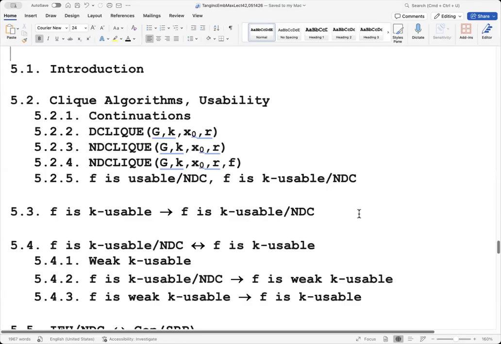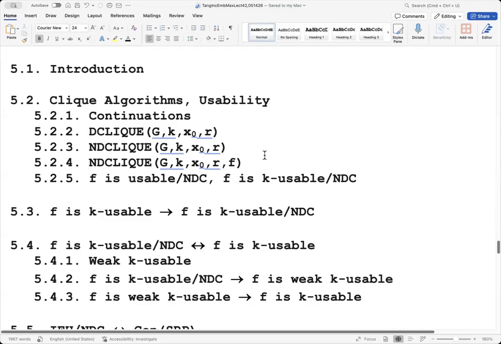So I defined this thing called the clique algorithm, which is a way of building a clique. It doesn't always have to be a maximal clique, but it has maximality properties. All right, we'll explain this.